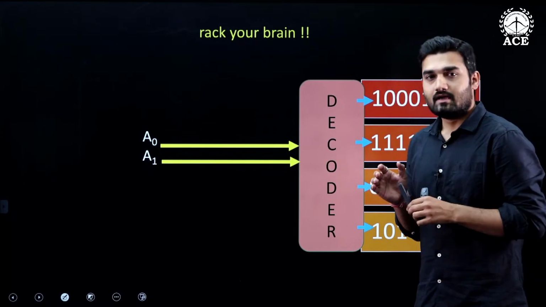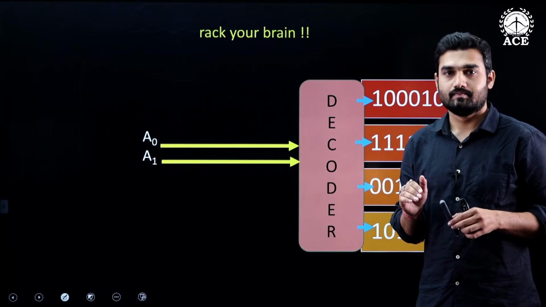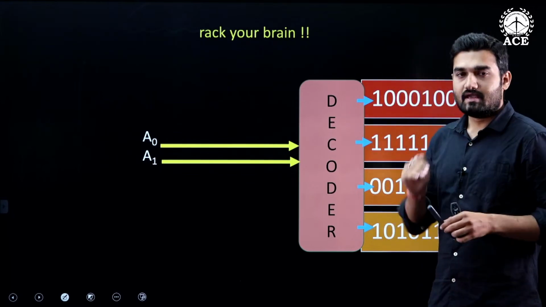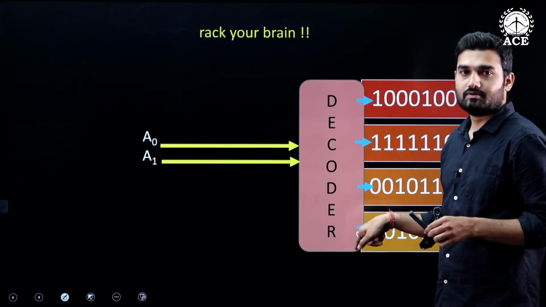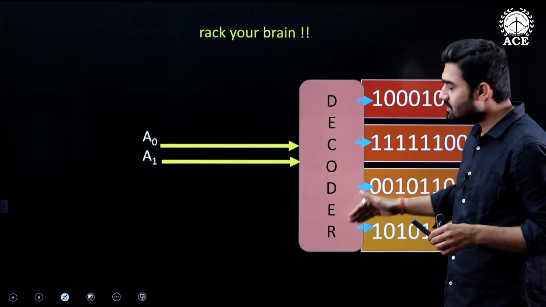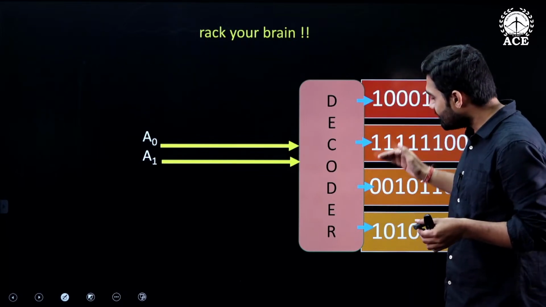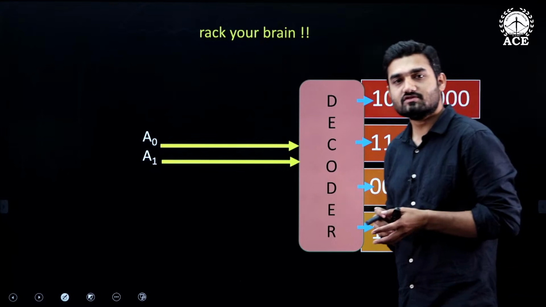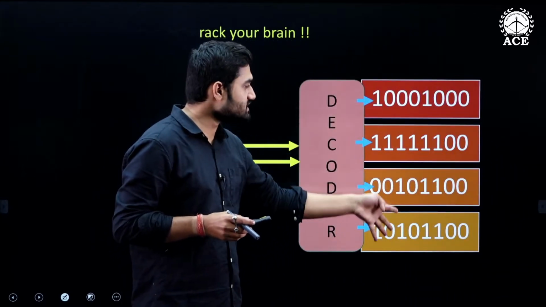Now I am showing you the correct way of the memory module. In a memory module, every cell is going to be linked with your decoder output. That means, let us say I have 4 rows. I have 4 locations inside my memory.